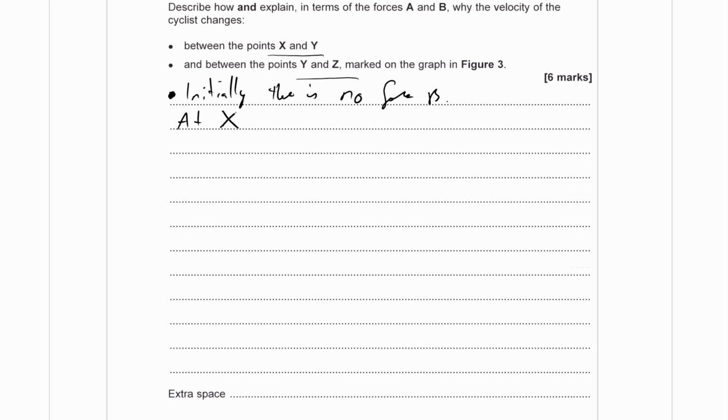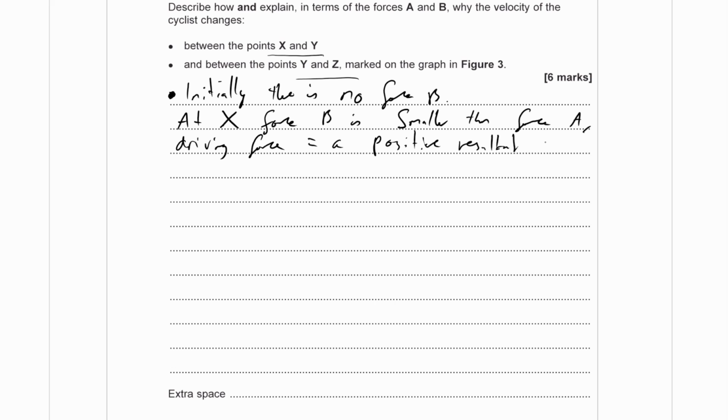At point X, force B is smaller than force A, the driving force, which equals a positive resultant force, and therefore the bike accelerates.